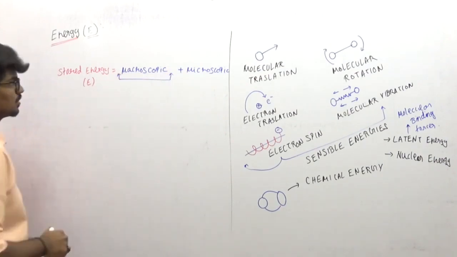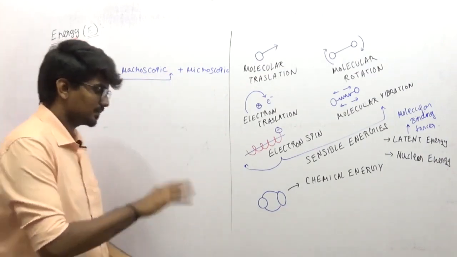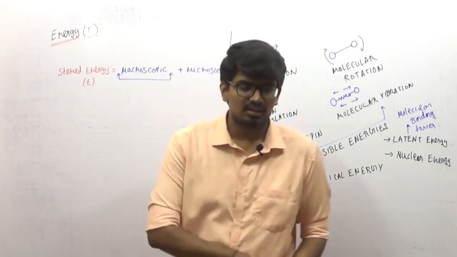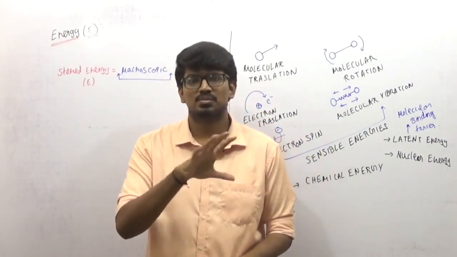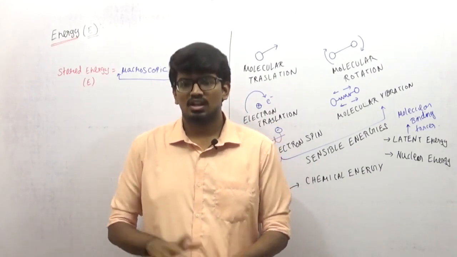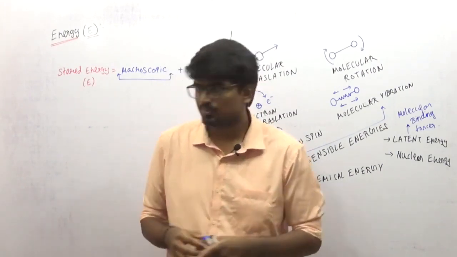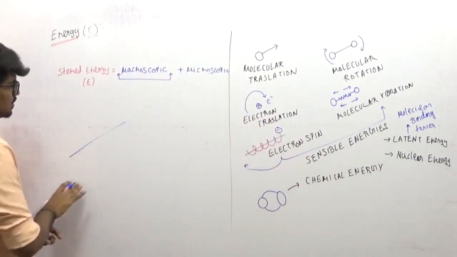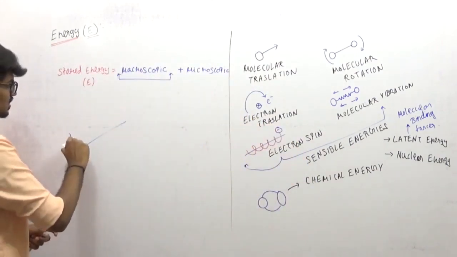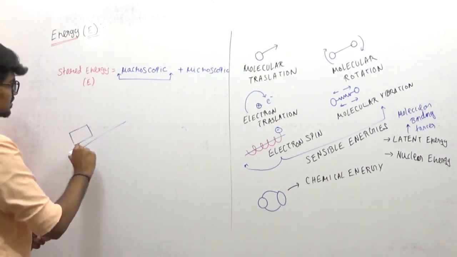What are the macroscopic forms of energy? Just think about a vehicle, a bus, which contains a good number of passengers inside. Suppose there was a slope, like a hill, and the bus is climbing over it.